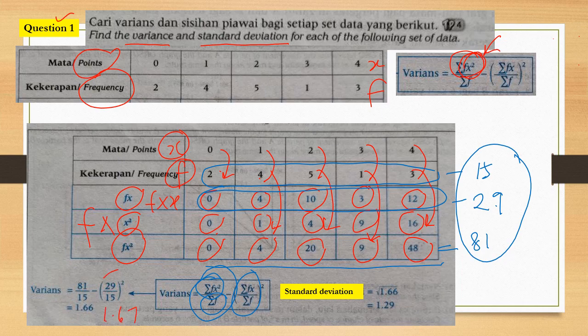Why? Because you already rounded off here. Don't round off. You only round off when you get the final answer. That's why it's not accurate. After that, this is your variance. Your standard deviation, you just square root the 1.66. So you get this. This is the answer. So it's not that complicated if you do this extra table.